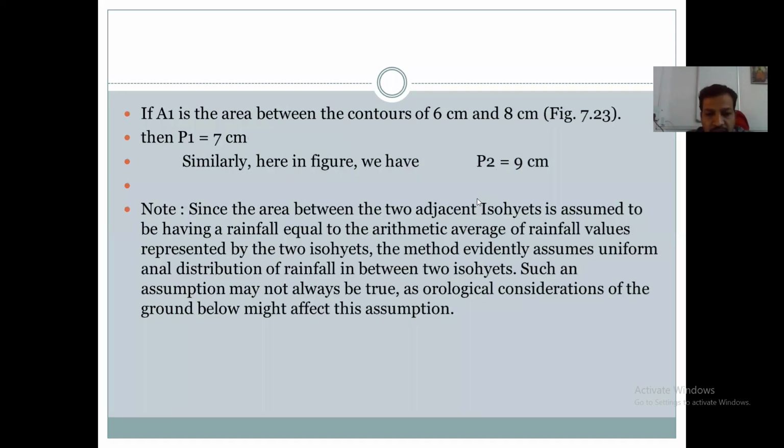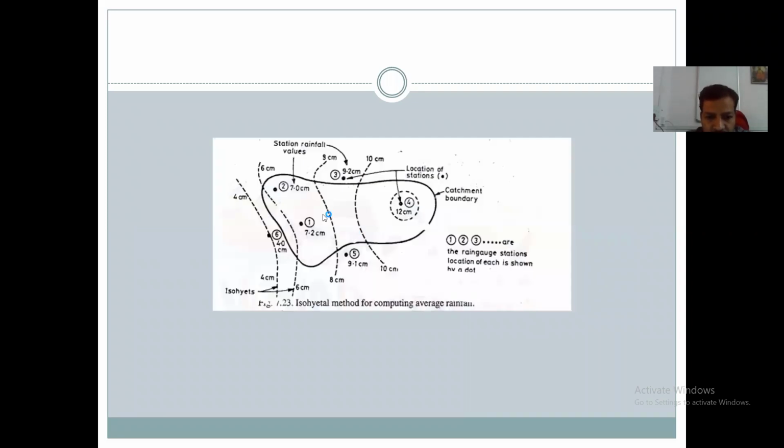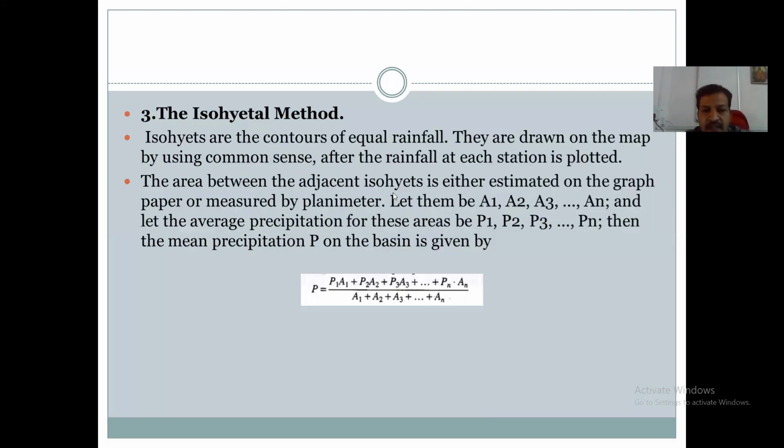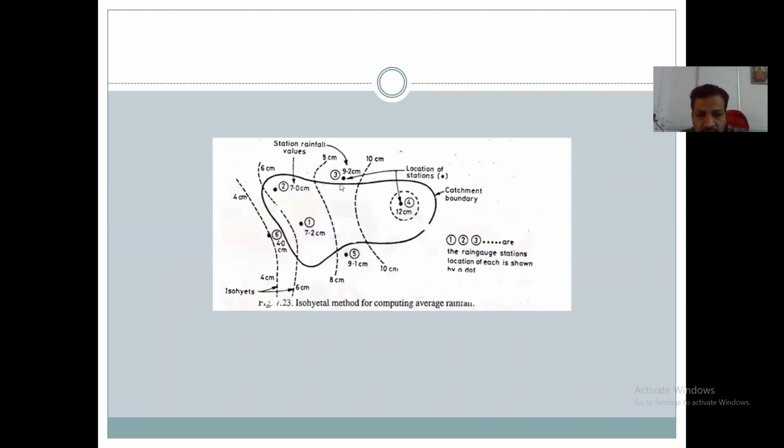In this, isohyets are drawn. See this, the isohyets are the contours of equal rainfall. Isohyet म्हणजे काय, the contours of equal rainfall.